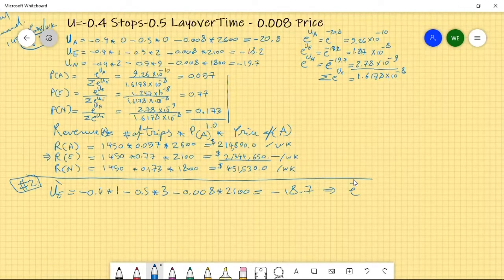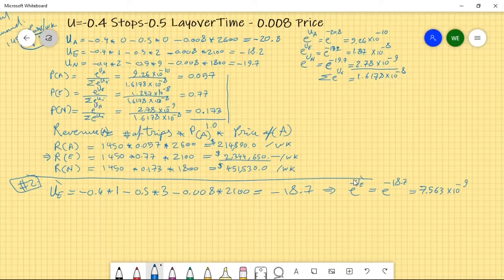E to the power minus U, E dash equal e to the power minus 18.7, that's the logit model. So we have here E minus 18.7. So now we have 7.563 multiply 10 to the power minus 9.